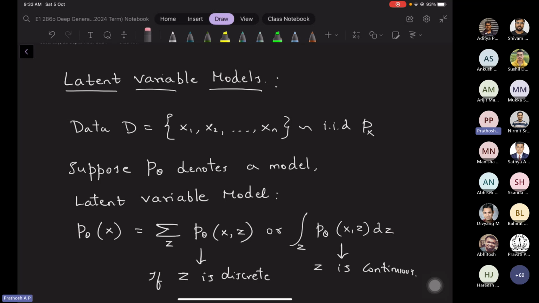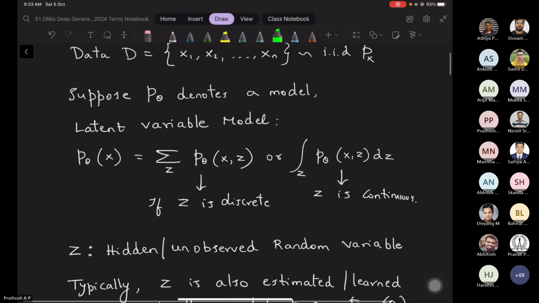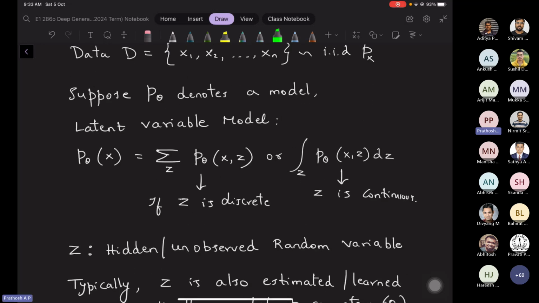These are models that are defined as follows. Whenever I talk of a model, p theta, which is a distribution over the data variable, is what is called a model.